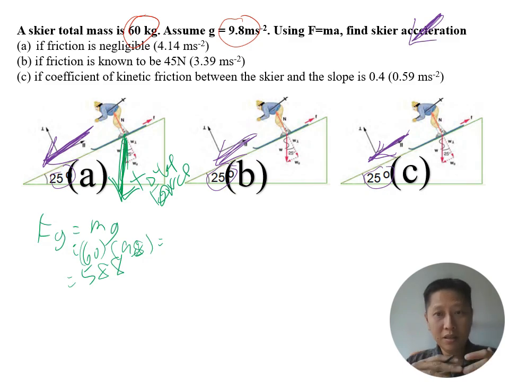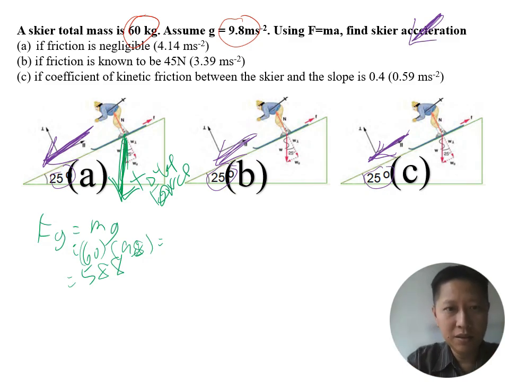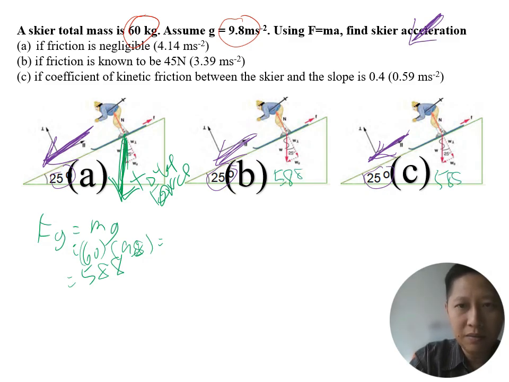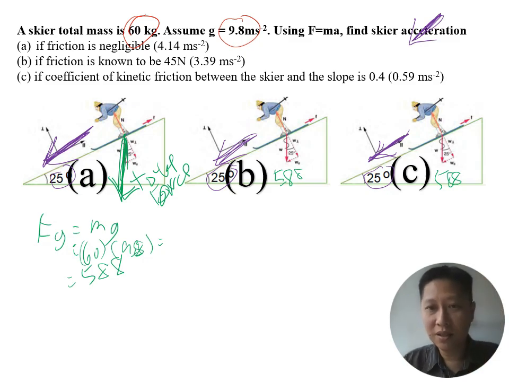This is the only force that applies to the skier. The same goes for the second skier, 588, because in these three cases the only starting force is the gravity force.